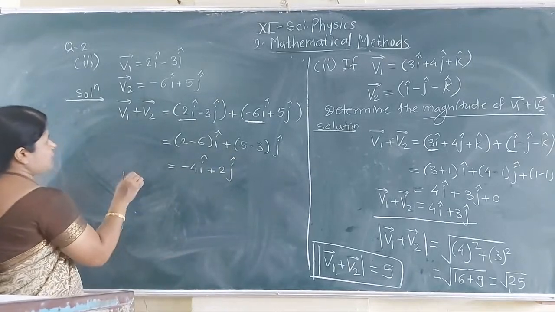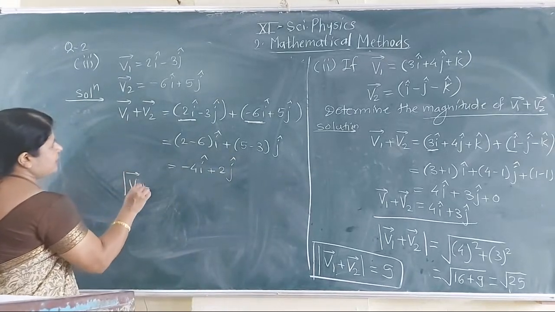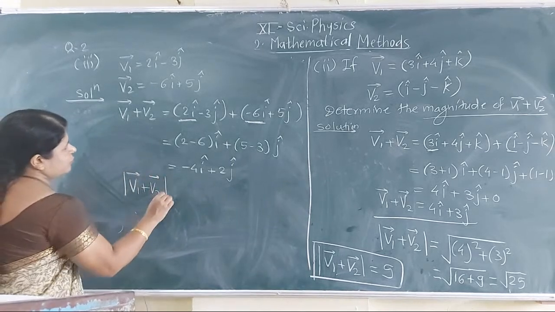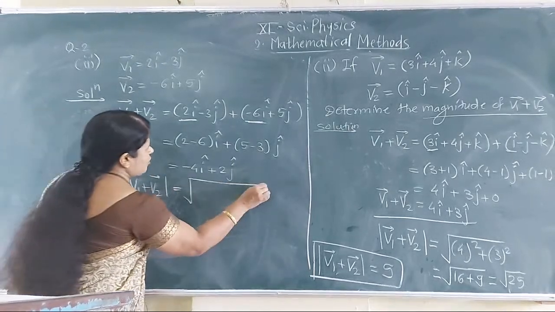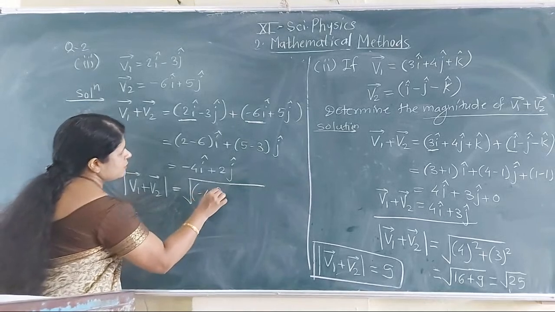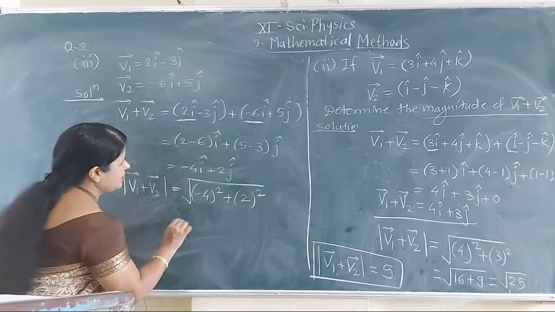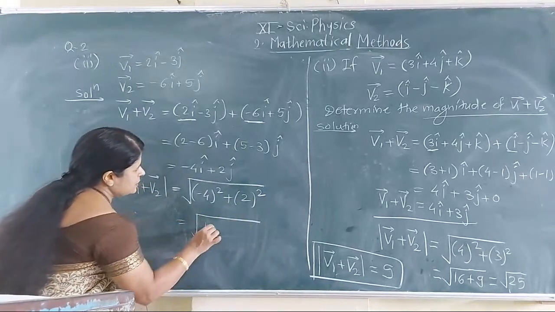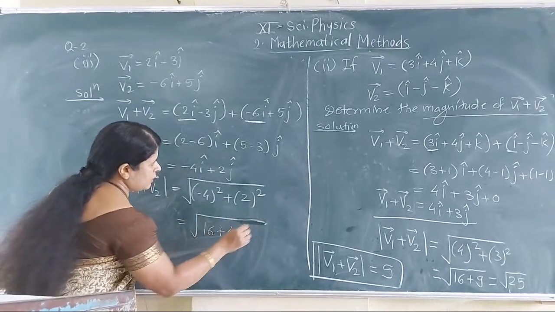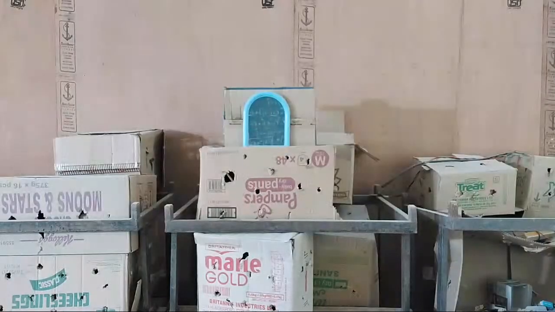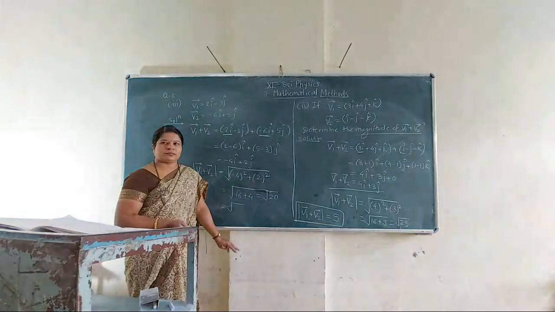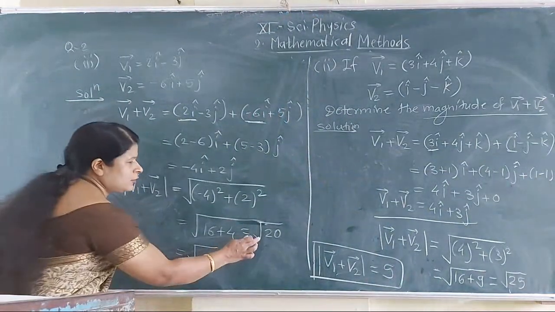Let's take the magnitude of these two vectors. The magnitude is equal to the square root of minus 4 square plus 2 square, which is equal to the square root of 16 plus 4, which is the square root of 20.